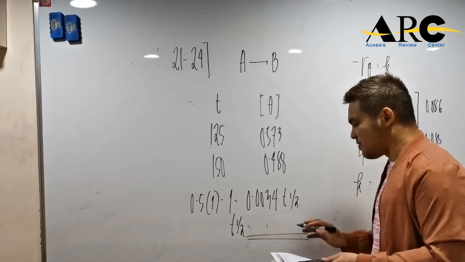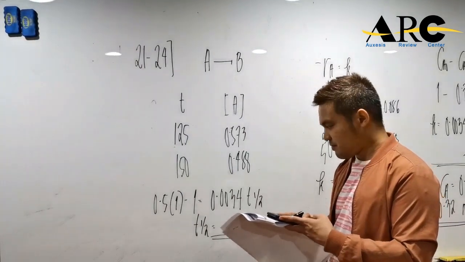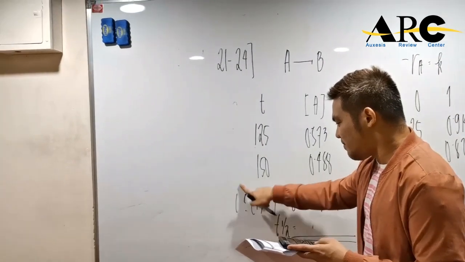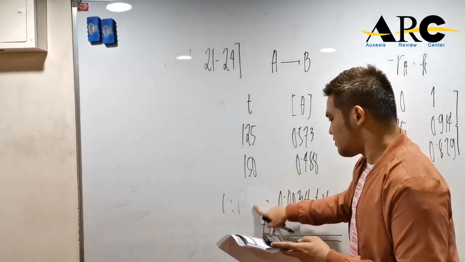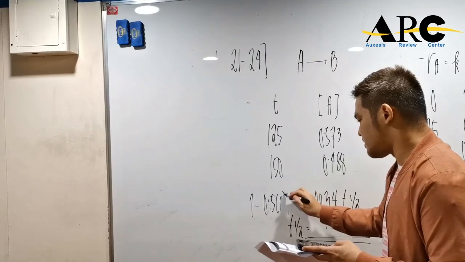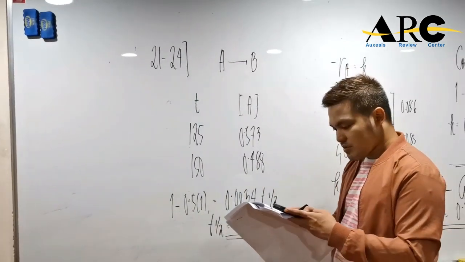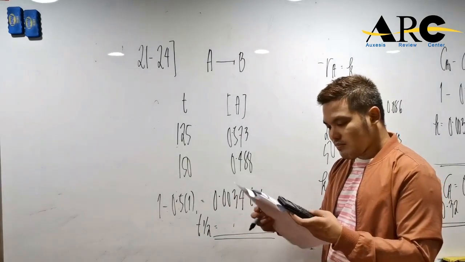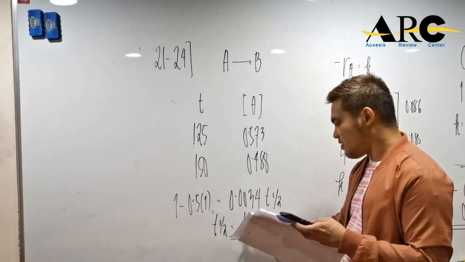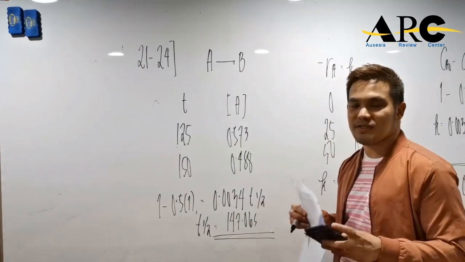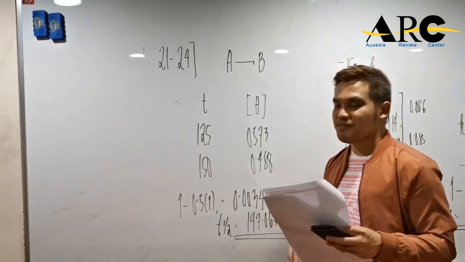Ilan ang masusolve natin value? Ca minus CaO, we have 1 minus 0.5. Ilan ang masusolve natin? Makukuha natin is letter D, 147.06 seconds. Ayan na yung answer.